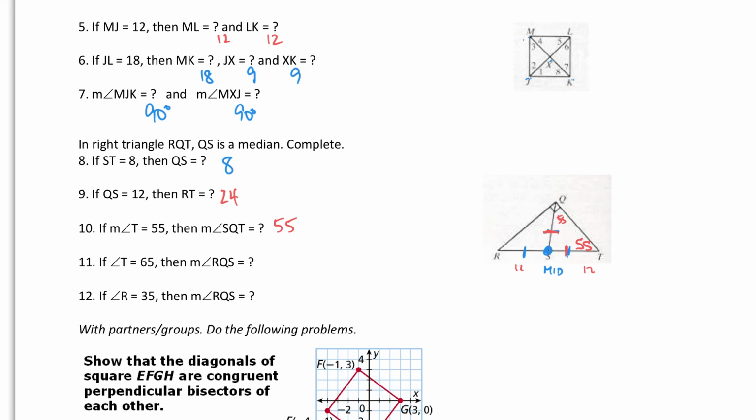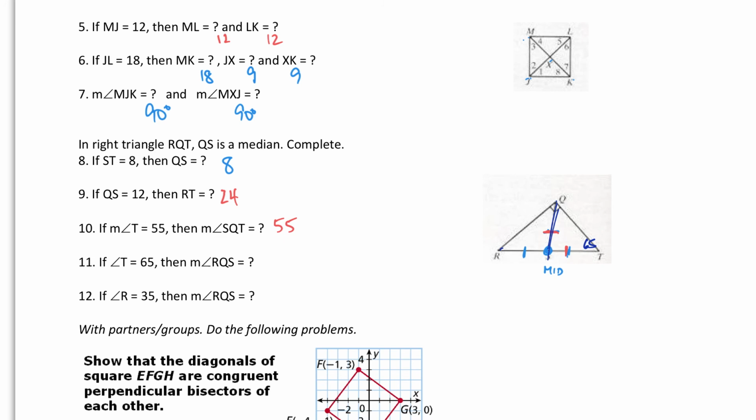If the measure of angle T is 65, then RQS, this one in here.